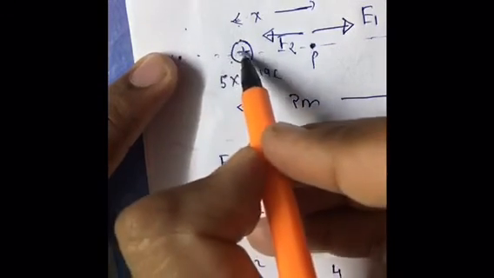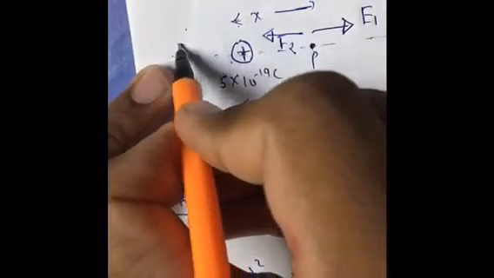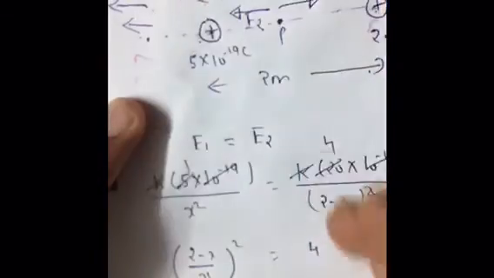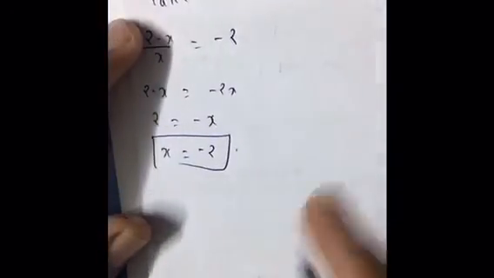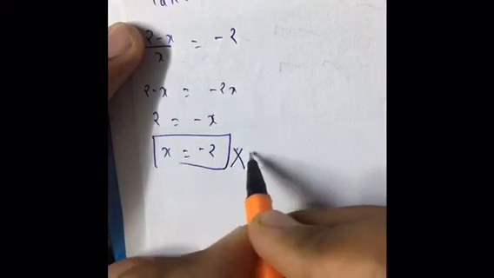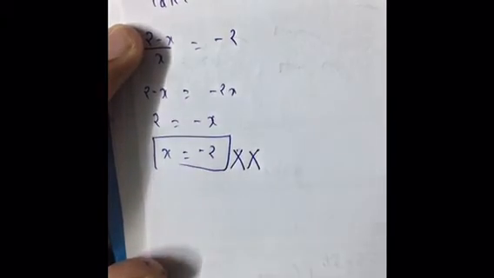Why? Because from this charge the electric field arises in this direction, and from this charge also the electric field arises in this direction. So both electric fields are in the same direction, and in the same direction the electric field will never become zero. So this answer x is equal to minus 2 is unacceptable, it is an incorrect answer.